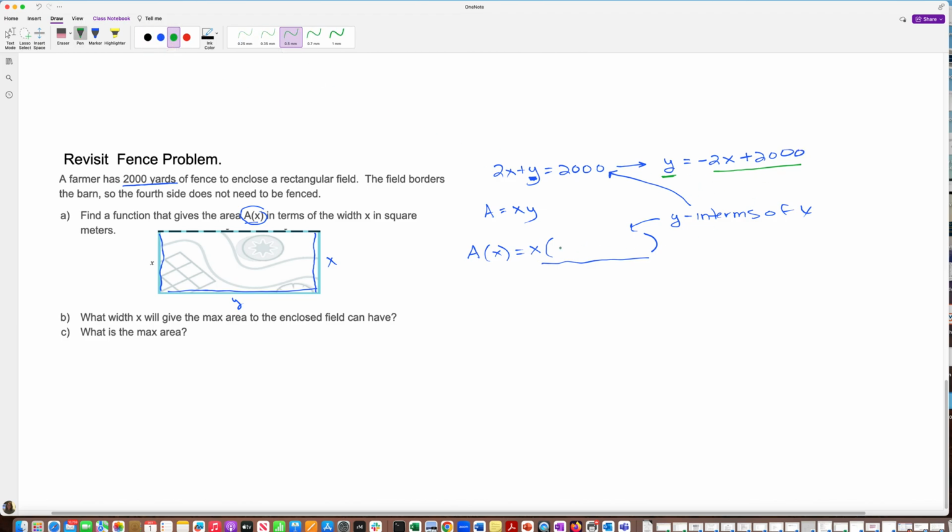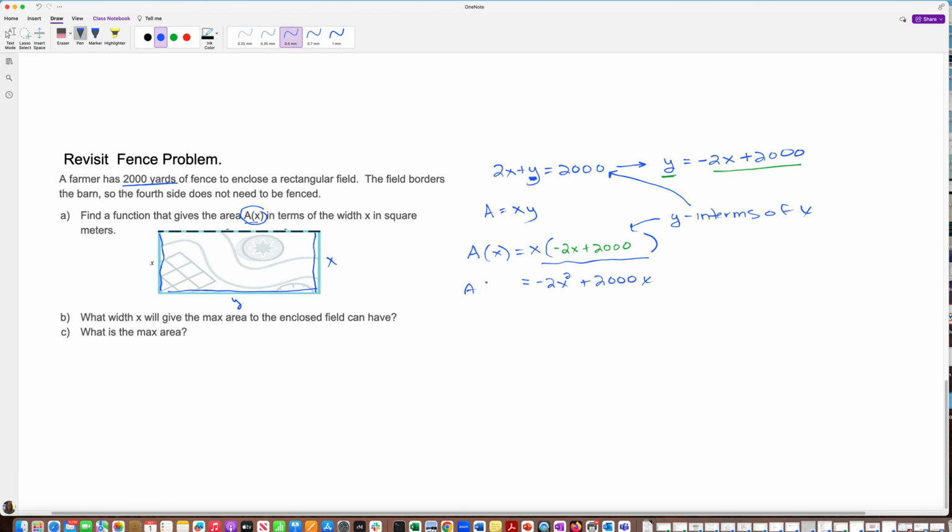So instead of x times y here, I'm going to put that expression in terms of x, negative 2x plus 2,000, because that means the same thing. So now I have my function. So A of x is x times y, or x times negative 2x plus 2,000. So I'm going to go ahead and just distribute that x. So this is negative 2x squared plus 2,000x.